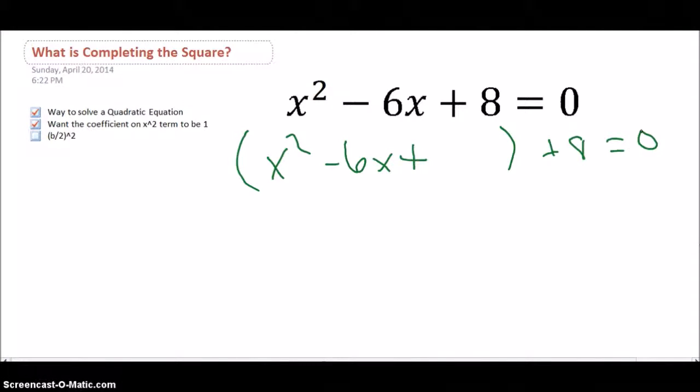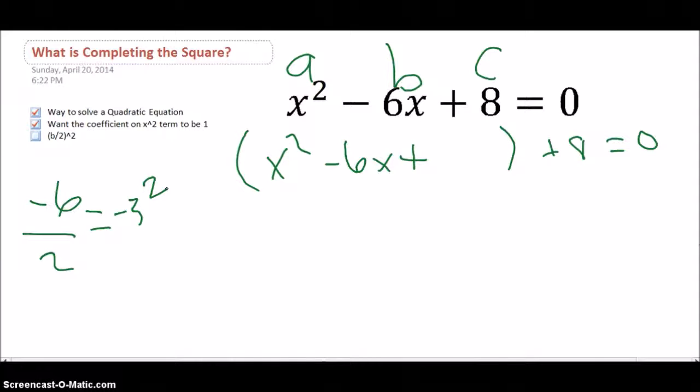We take the formula, which is b divided by 2, squared, when we have a, b, and c. So b is the -6. It's -6 divided by 2 equals -3, squared. -3 squared is 9. So we're going to put 9 here.